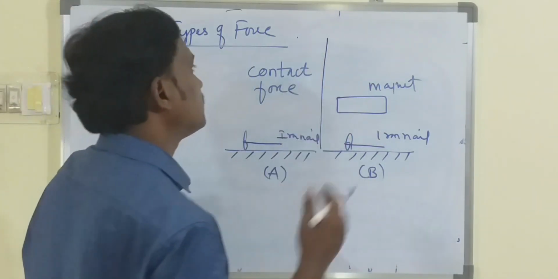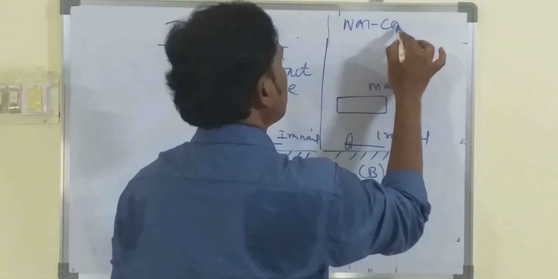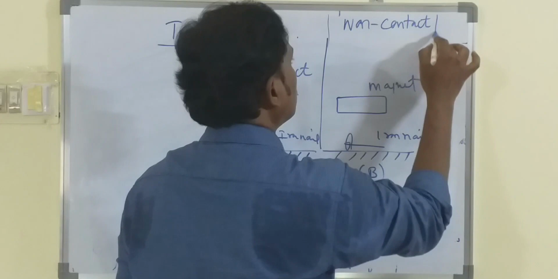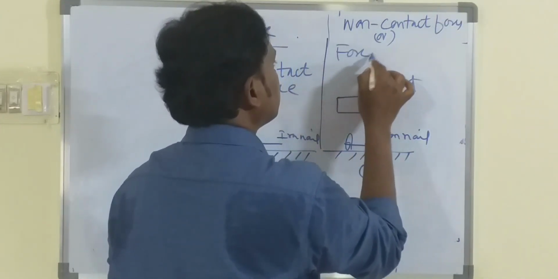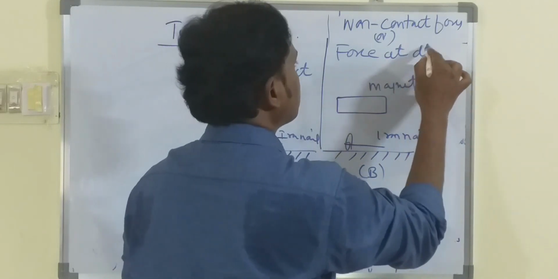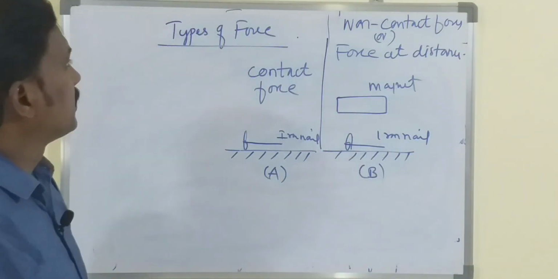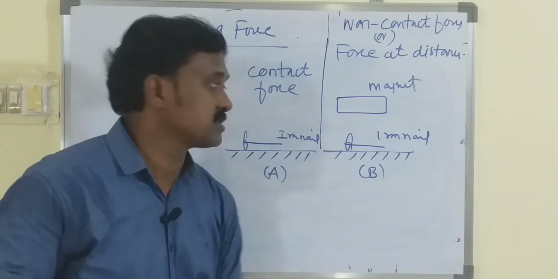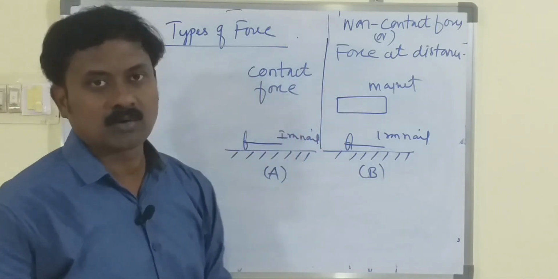Therefore, this is called either non-contact force or force at a distance. So in this way we have two types of forces, that is contact forces and force at a distance or non-contact force.